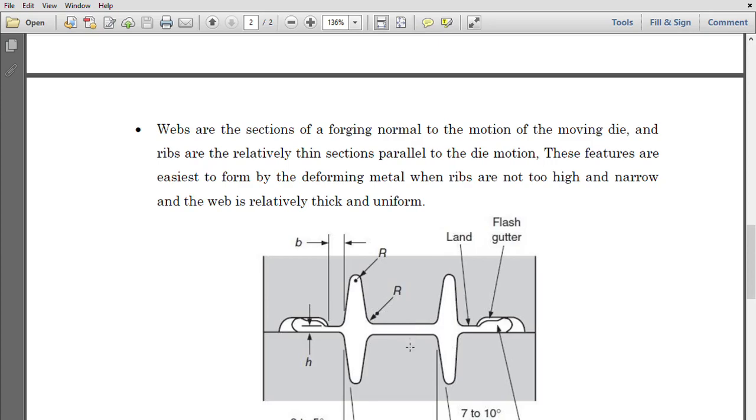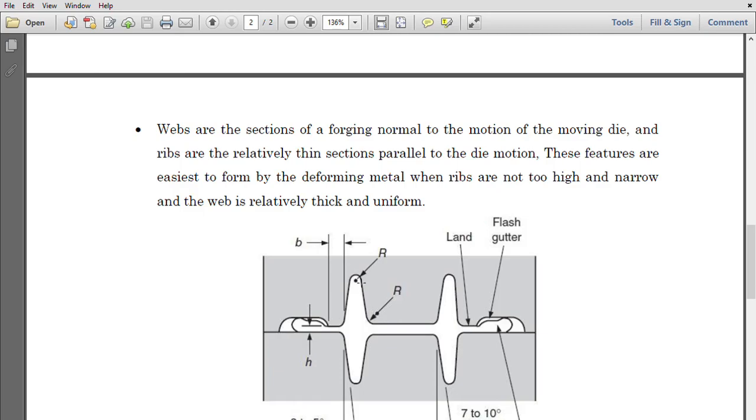Now see this figure. Here this is the fixed die and this is the movable die, right? This is known as the parting line. That means the line of separation between the dies, right? Now this is known as rib and this is known as web.